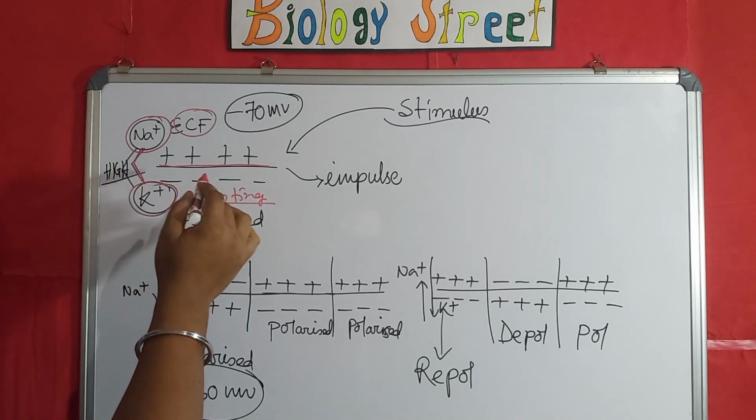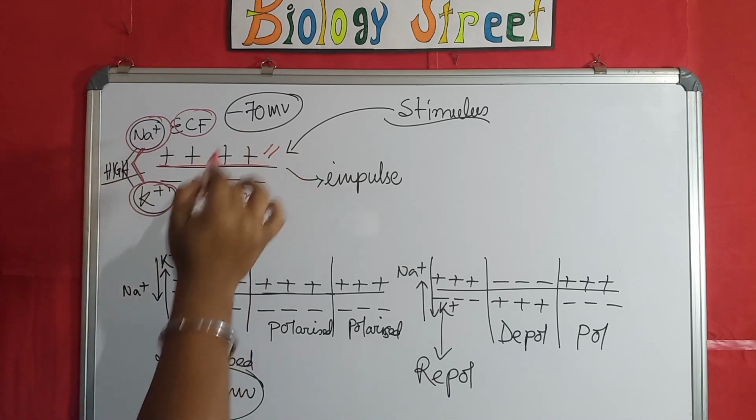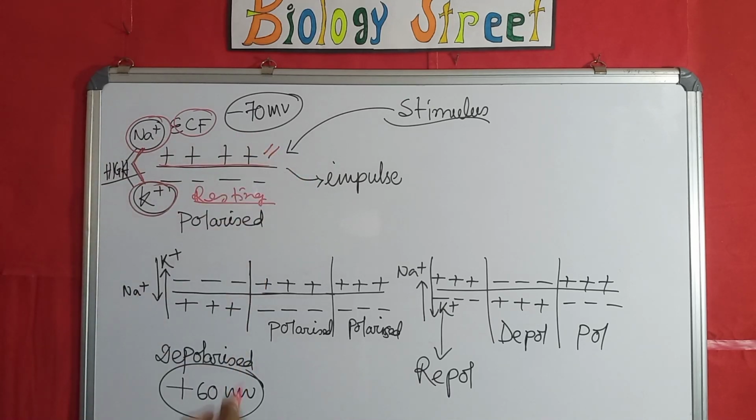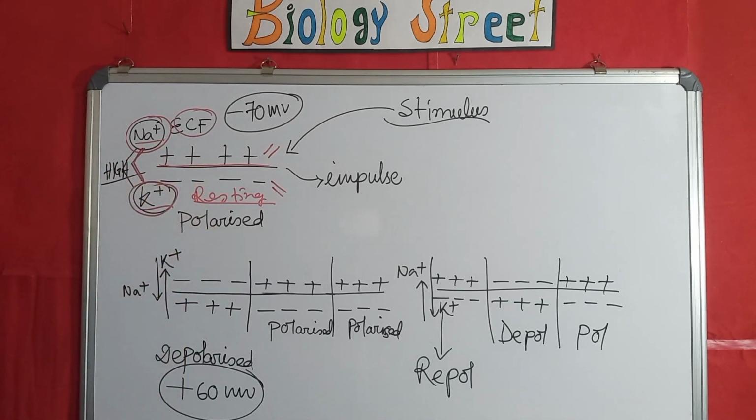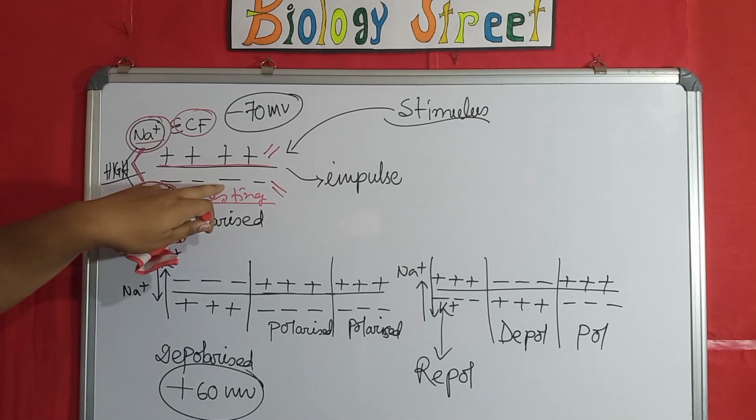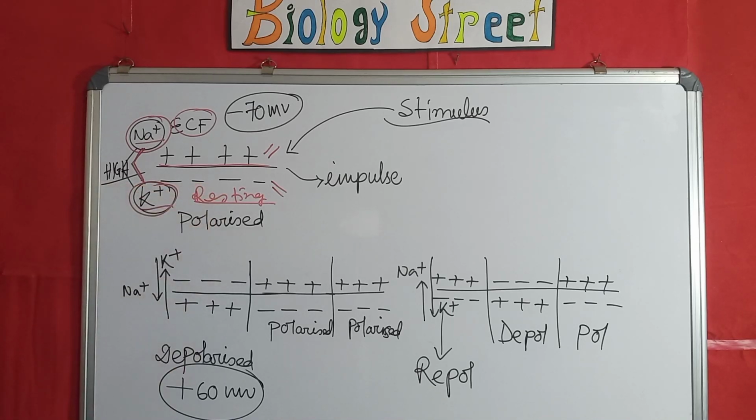The question is: the outer portion is denoted as plus and the inner portion is denoted as minus. But why is this? It is not because of sodium ions or potassium ions, as we know both are positive ions. Why is the inner portion negative? Because the axoplasm's inner portion consists of many negative anions of proteins. That's why it is denoted so.